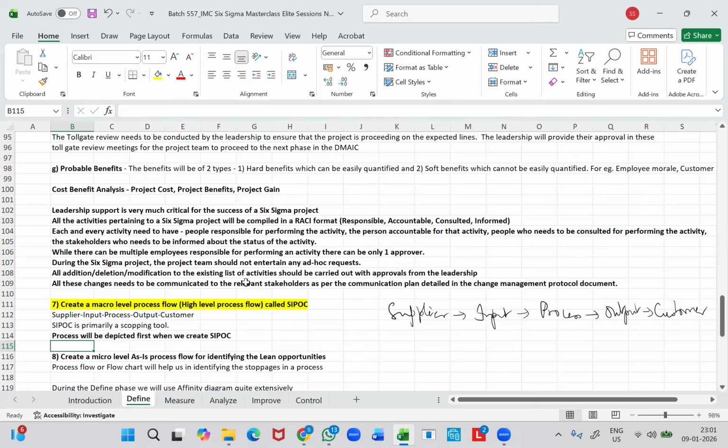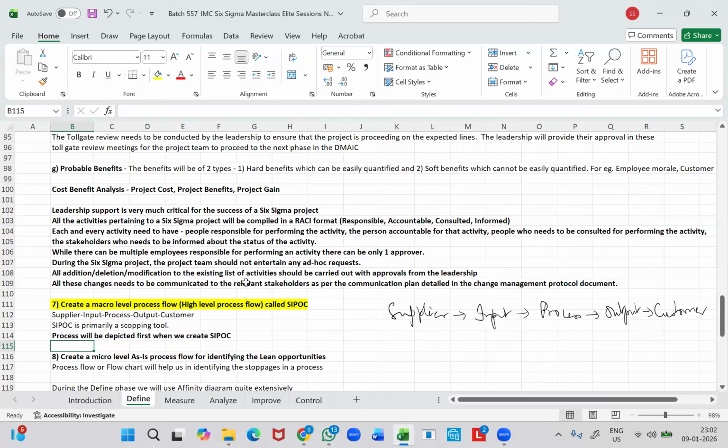So here, in the depiction of process in the SIPOC diagram, we will have the sub-processes A and B depicted, not C and D, so that anyone looking at the SIPOC diagram will clearly understand what is the start and the end point of the process which has been considered for necessary improvement as part of the project exercise, right?